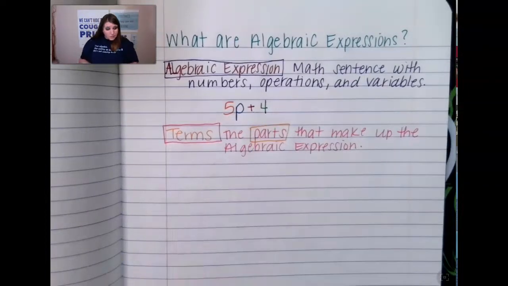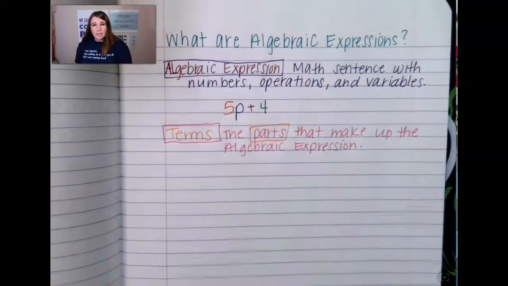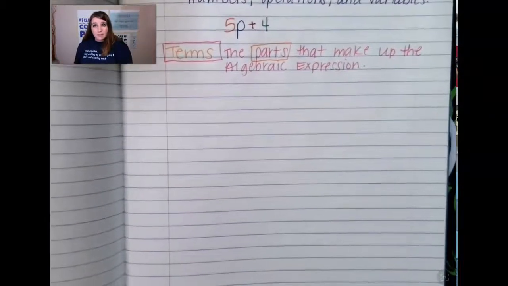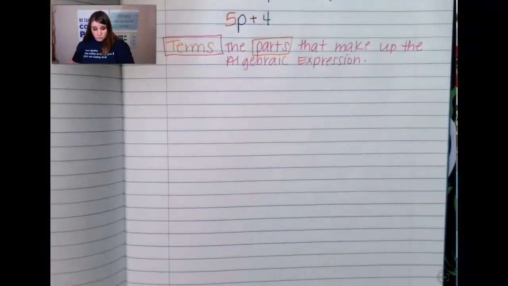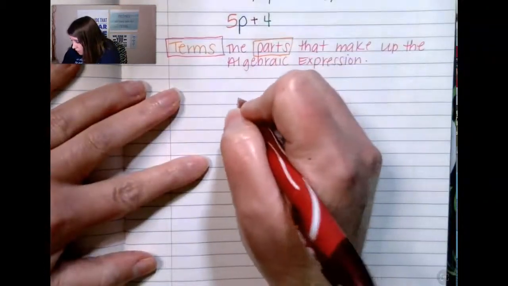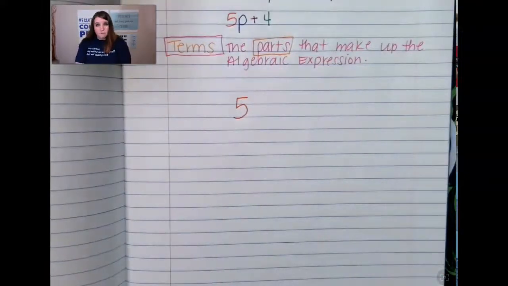Let's first rewrite this, but we're going to write it a little bit bigger because we're going to be identifying the different pieces here. So again, I'm going to color code this into the same colors I had before. So I'm writing 5, and my 5 is still stuck to the P.